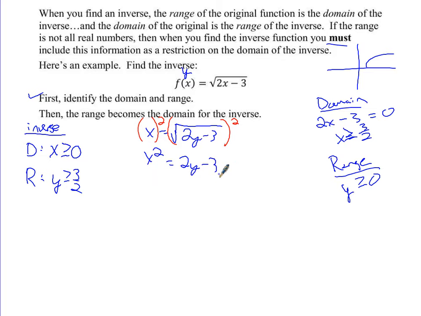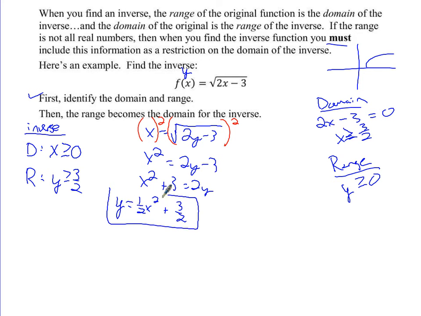2y minus 3. Add 3 to both sides, so x squared plus 3 equals 2y. Divide everything by 2. So I get, and I'm going to write this as separated out, 1/2 x squared, or x squared over 2, plus 3/2 equals y. Turn this back into your function notation.